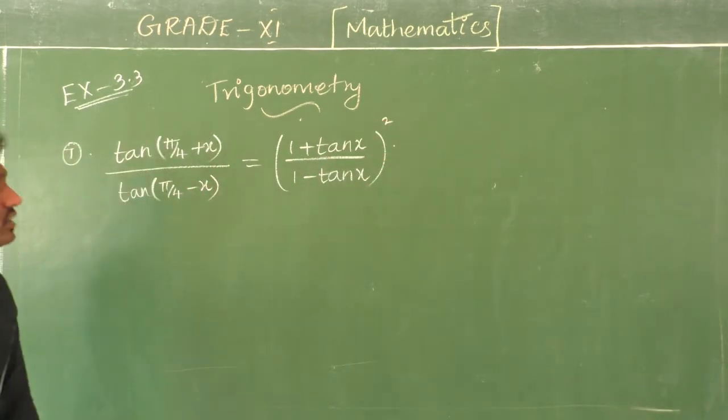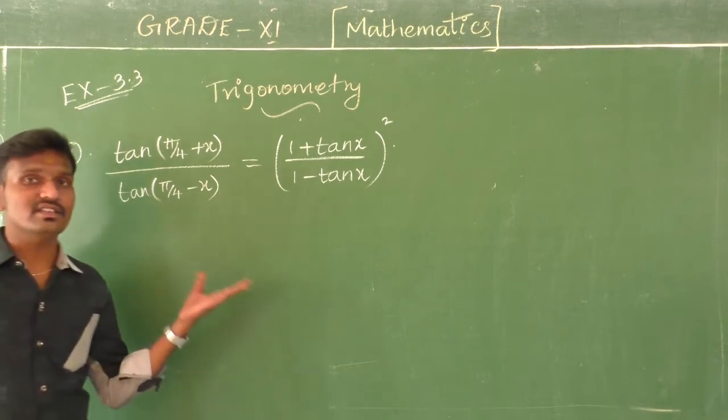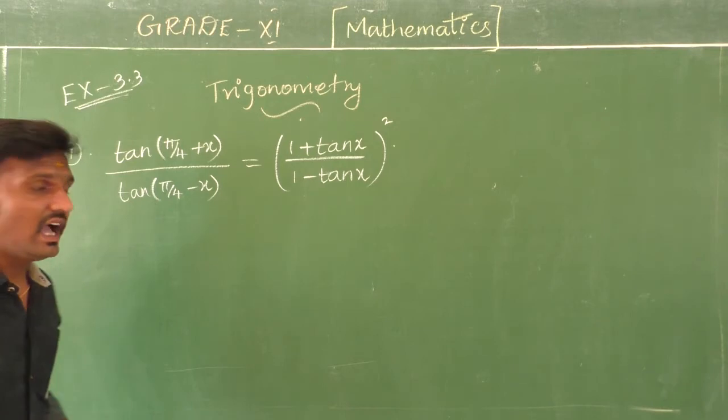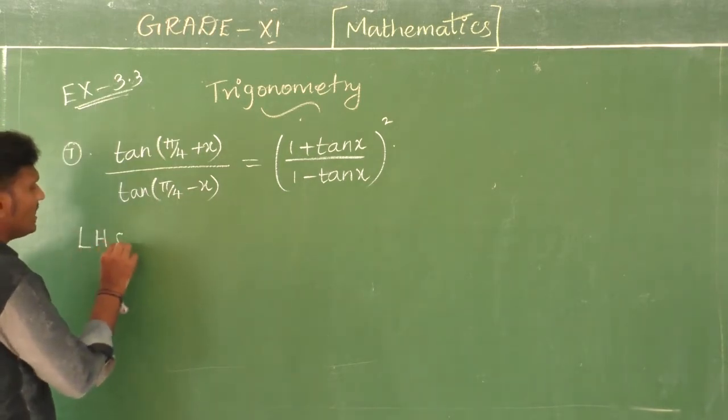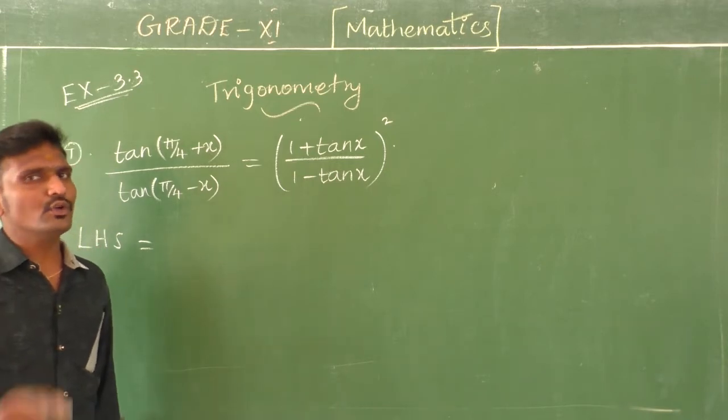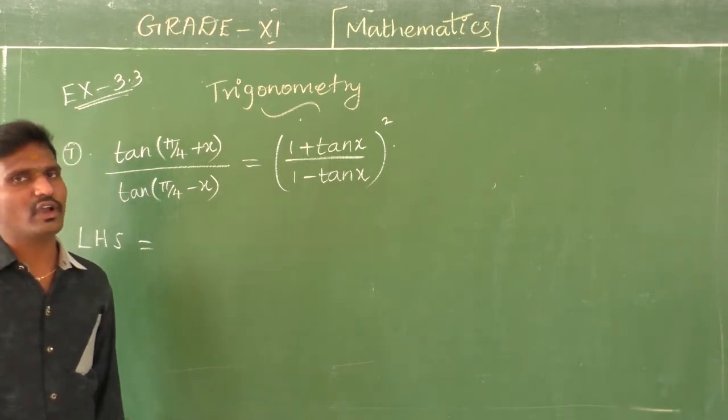Okay, so students listen. This kind of question is very simple. Why? Because you have the question and the answer both. You need to take the left side and prove the right side. That's why I told you that you have both question and answer in your hand.